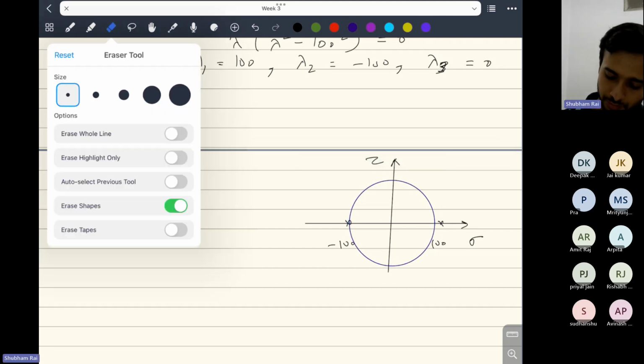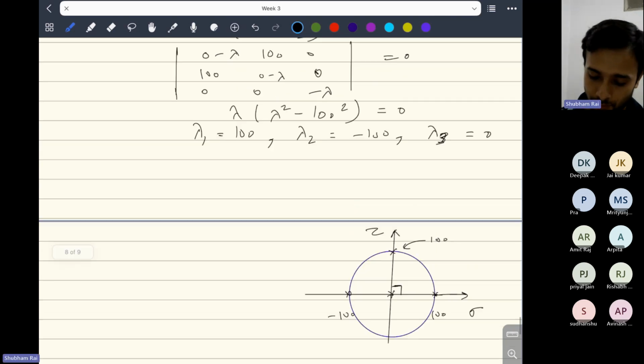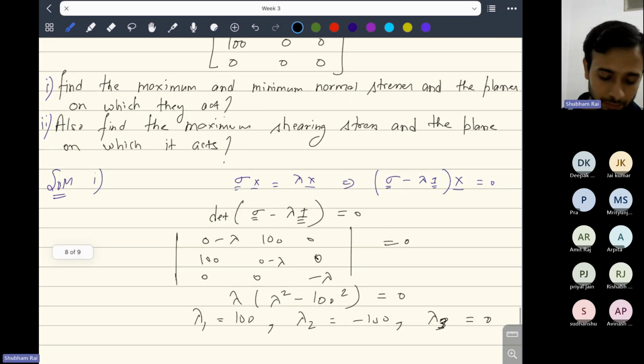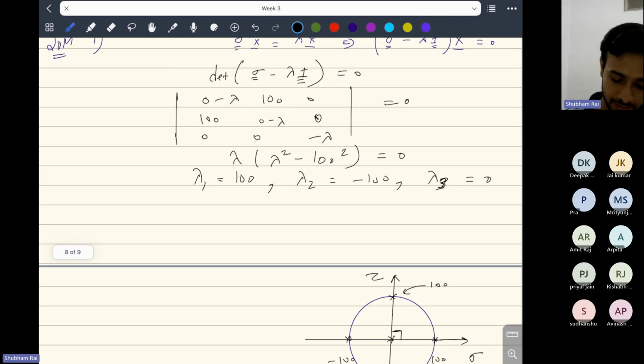Let me adjust these points according to the circle. So you are getting this circle. The center will be at 0, 0, and its maximum shear stress will also be 100. This angle is obviously 90 degrees. Anyway, we have found that the maximum normal stress is 100 and the minimum normal stress is minus 100.